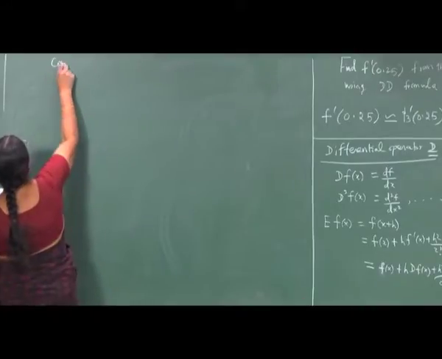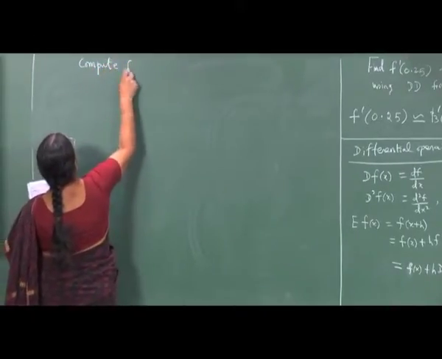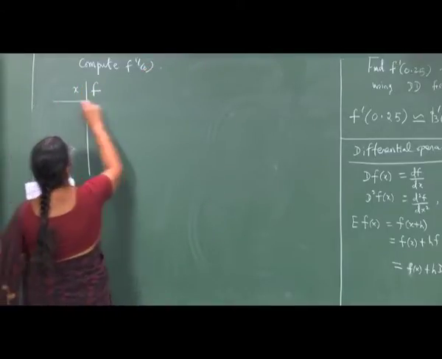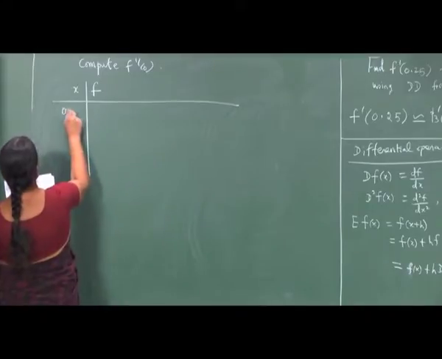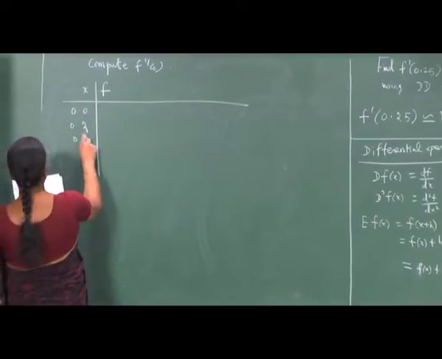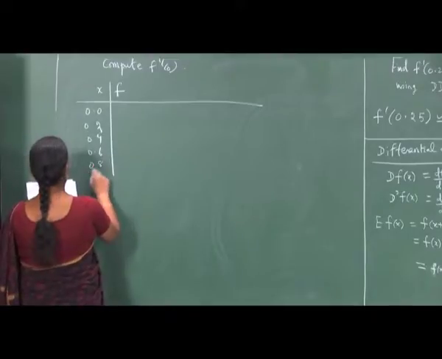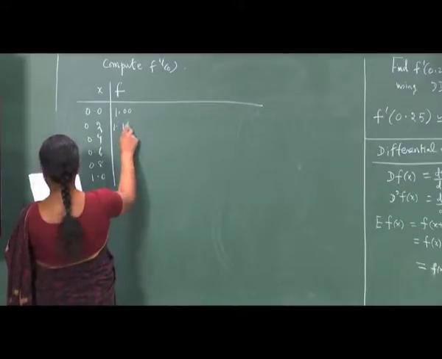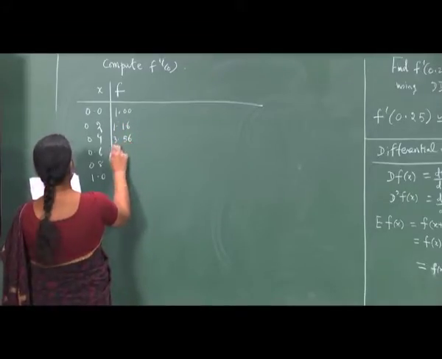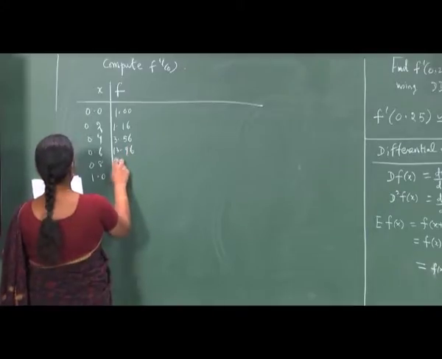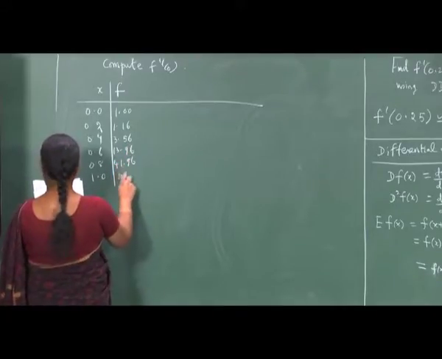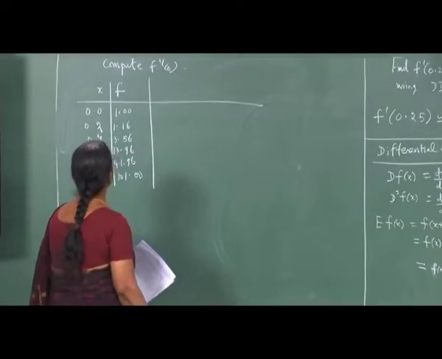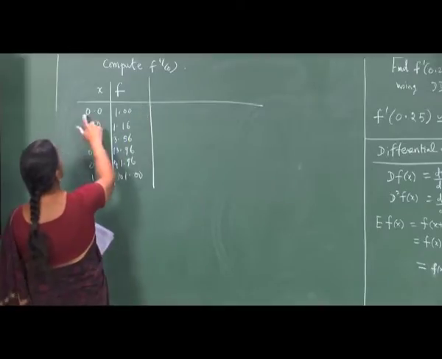Suppose you are asked to compute f'' at 0, and the table of values is given at 0, 0.2, 0.4, 0.6, 0.8 and 1, and the function values are 1, 1.16, 3.56, 13.96, 41.96, 101.00. So, f'' at 0 is asked; it is in the beginning of the table.